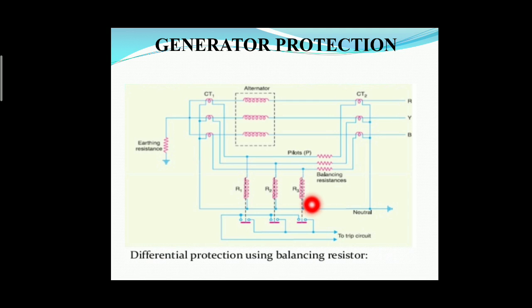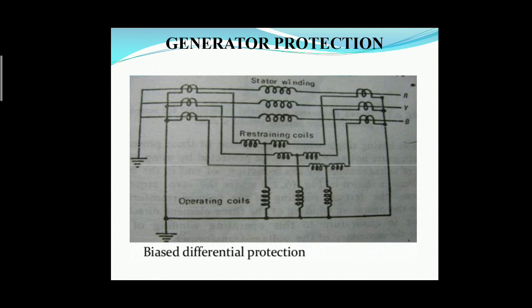Next one is the percentage biased differential protection. This is the biased differential protection, or percentage biased differential protection, circuit diagram. At both ends of this stator winding, we are connecting the CTs.